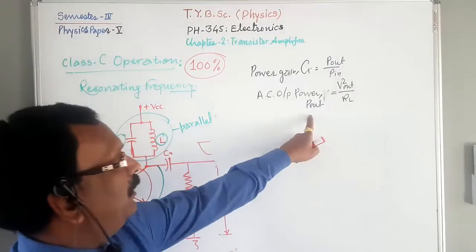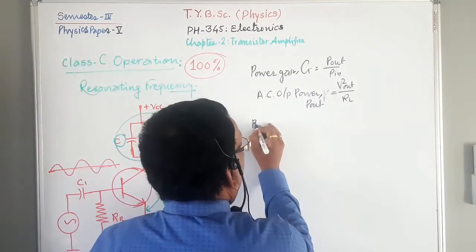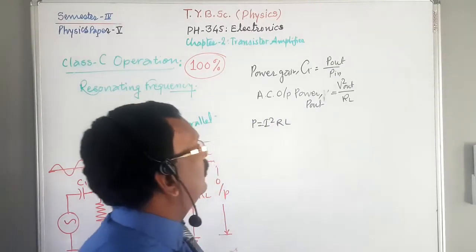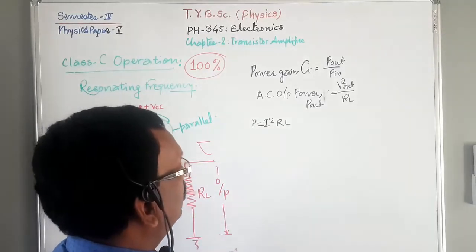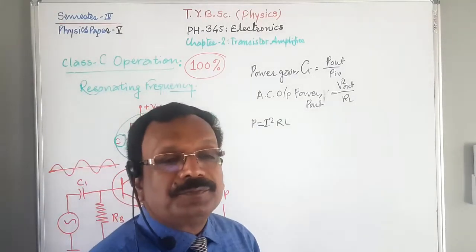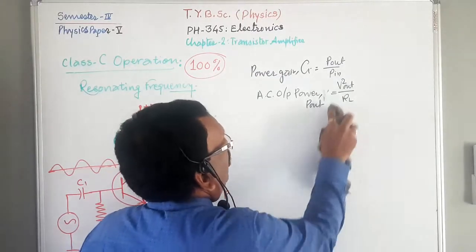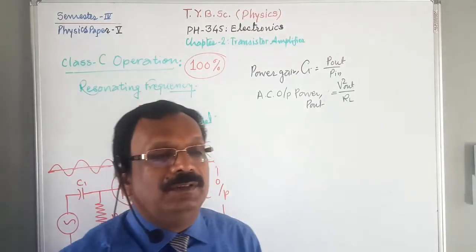AC power output symbol is P out, and power is also equal to I square RL. This is the formula for AC power out.